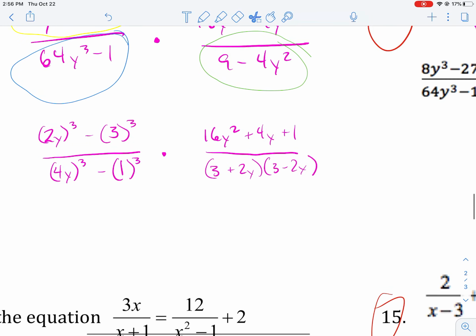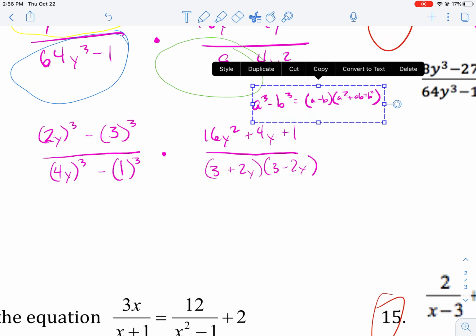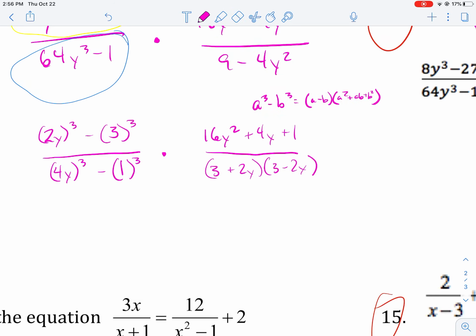So we got a difference of perfect cubes. Remember the difference of perfect cubes is a cubed minus b cubed is equal to a minus b, a squared plus ab plus b squared. Okay, so that is our formula for difference of perfect cubes. I'm going to use that for both of those.